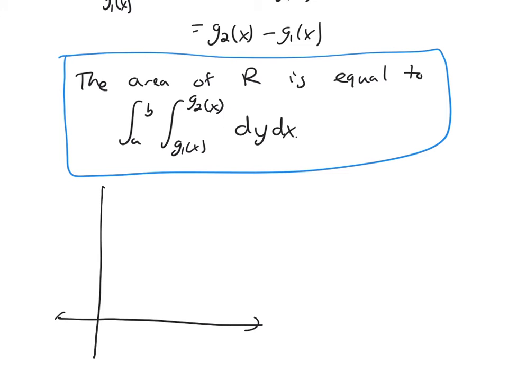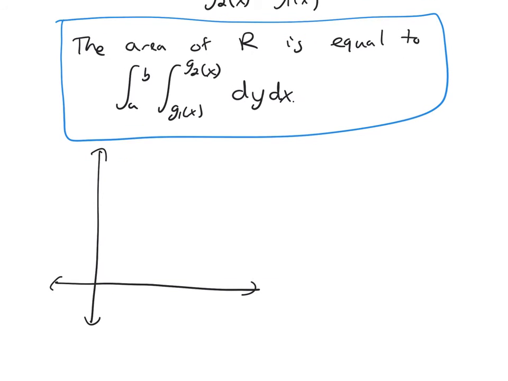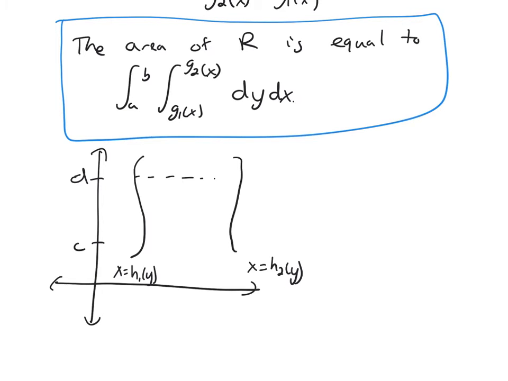Okay, so if I'm in the XY plane now, and now I have a function on the left, call this x equals h1(y), and then I have another function on the right, x equals h2(y), and then I have some bounds on my y goes from c to d. Maybe this is the region that I'm interested in. This will be my region R.